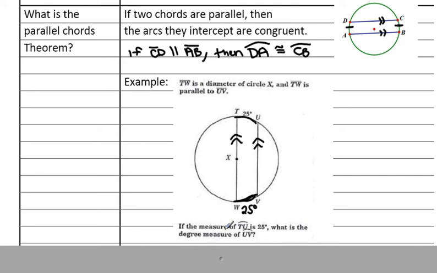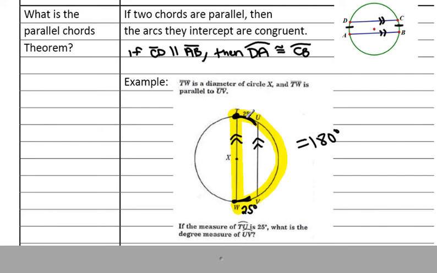Now if I finish reading the question, it says, if the measure of TU is 25, what is the degree measure of UV? So I'm actually not looking for WV, I'm looking for UV. But if you notice that TW is a diameter and splits the circle in half. And we know that half a circle is 180 degrees. So from T all the way to W is 180 degrees.